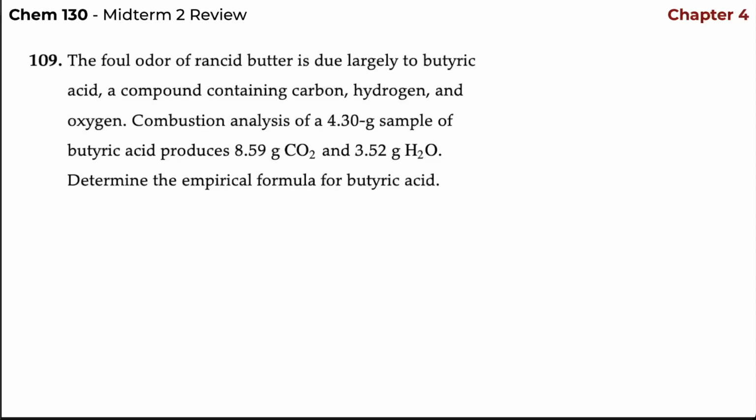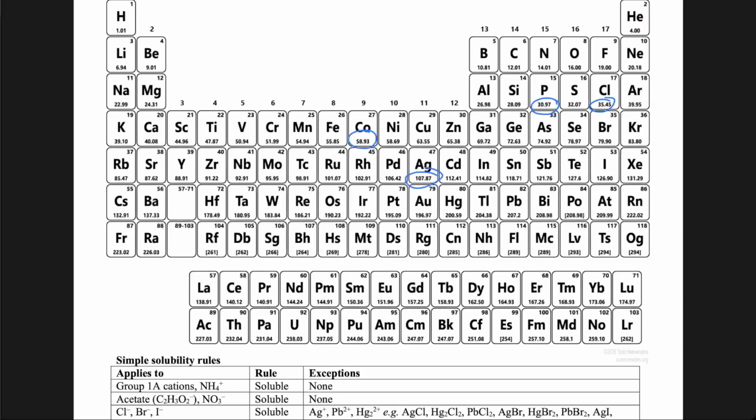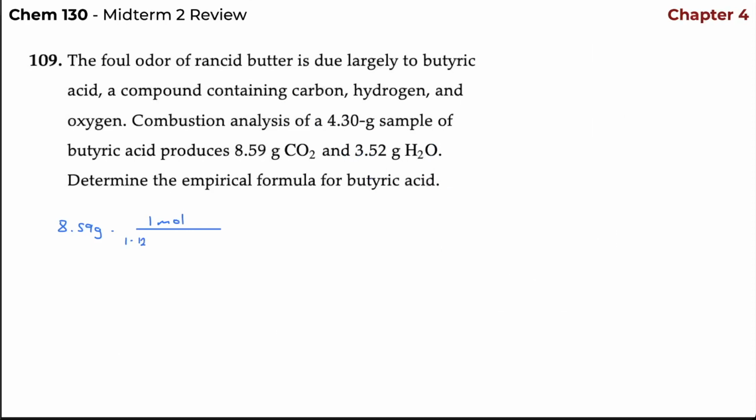First of all, let's figure out exactly how many moles of C atoms and exactly how many moles of H atoms there are, right? So let's convert the grams into moles. For CO2, we have 8.59 grams times 1 mole for every 1 times C, which is 12.01, plus 2 oxygen atoms.